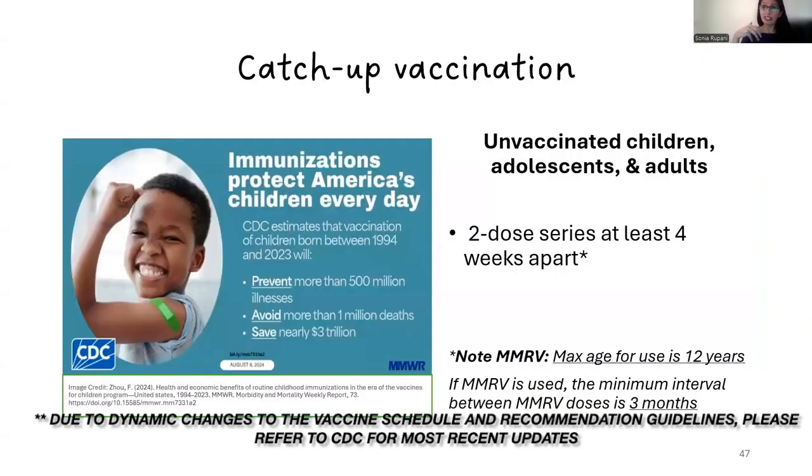So, catch-up vaccine. Say there's a child who was never vaccinated, or they got their first dose and never came back for the second dose, or it's an adult who has not been vaccinated or does not have evidence of immunity. Then they would need the two-dose series at least 4 weeks apart, so 28 days minimum.